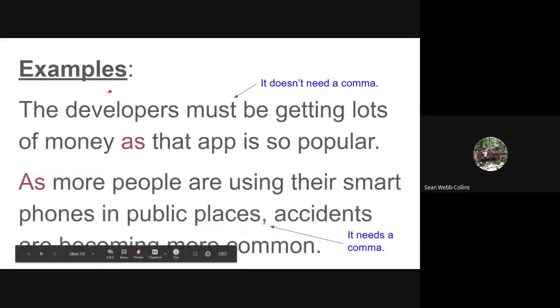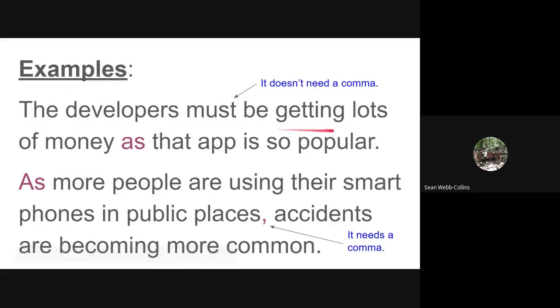Some examples of these rules. The developers must be getting lots of money as that app is so popular. We have the main clause first: the developers must be getting lots of money, so it doesn't need a comma.